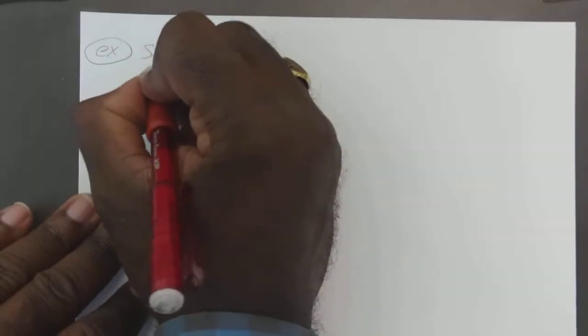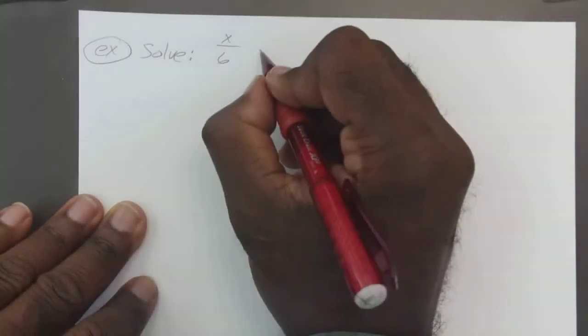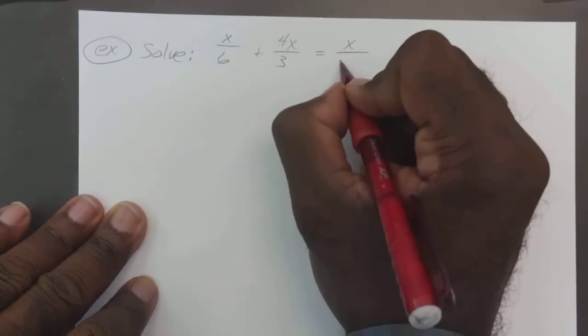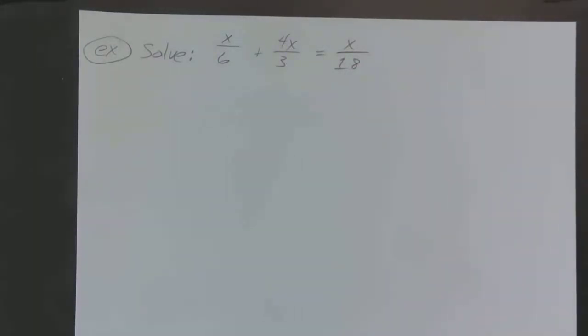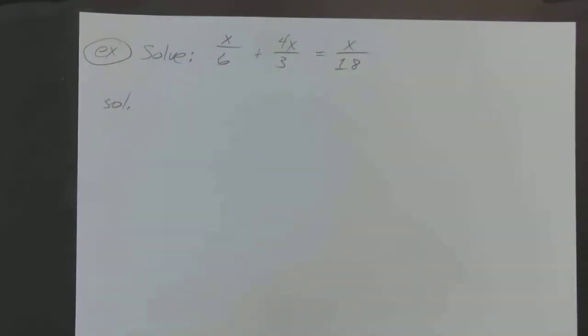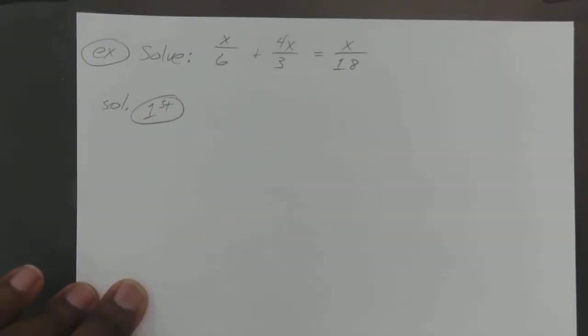Okay, so let's say, for example, if we wanted to solve x divided by 6 plus 4x divided by 3 equals x divided by 18. Okay, so your solution to that, remember your first step, you want to factor your numerators and denominators if necessary.